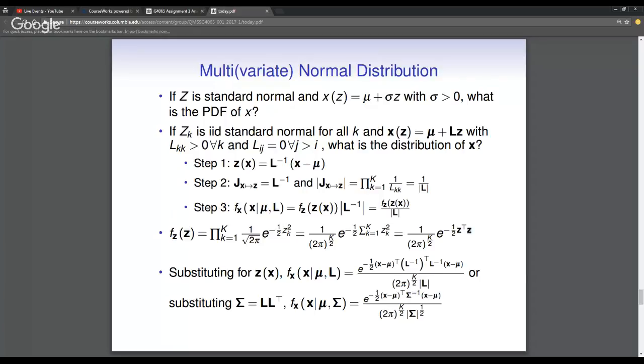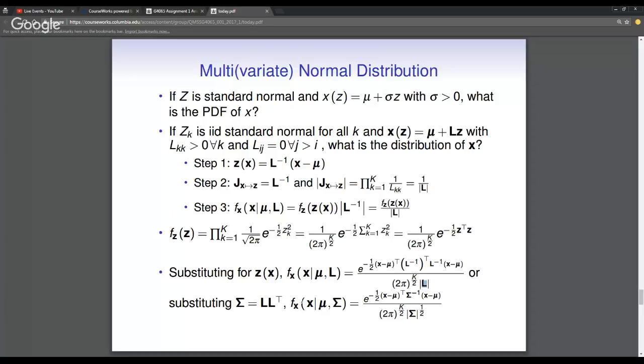I have L inverse times the quantity x minus mu over here, and the transpose of that. The transpose of a product is equal to the product of the transposes in reverse order. We learned that on Tuesday, so I'm sure you remember. And we're going to divide in here by the determinant of L.